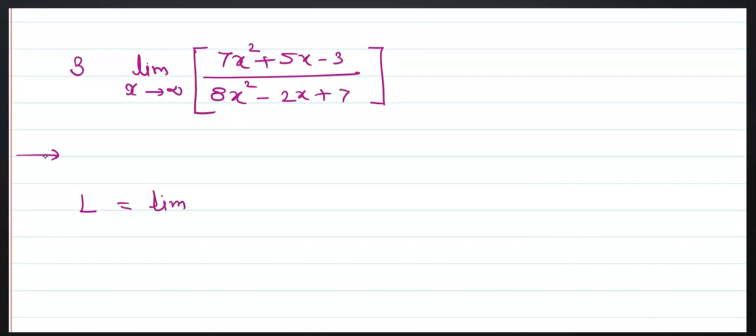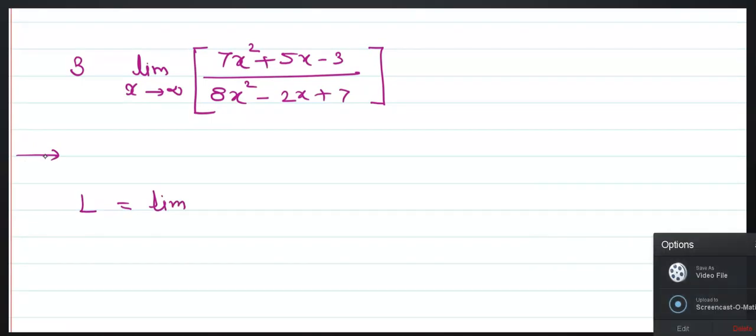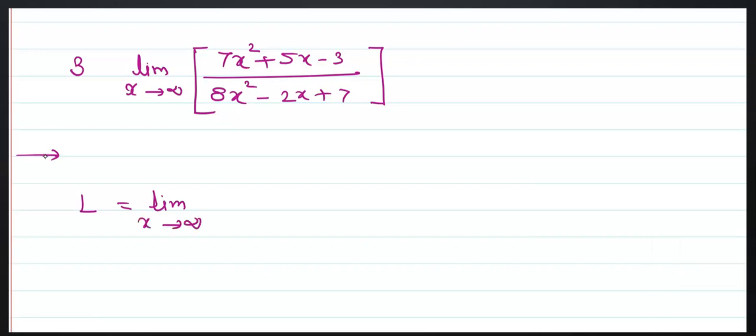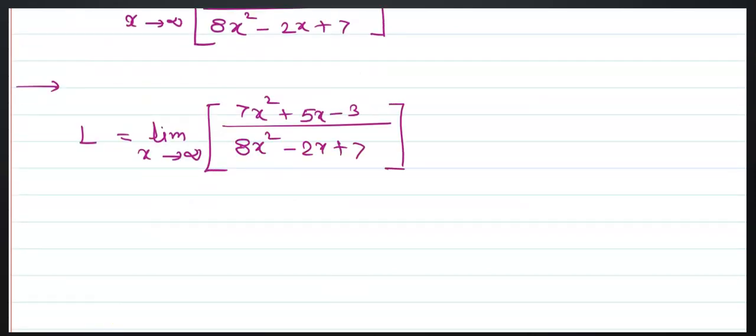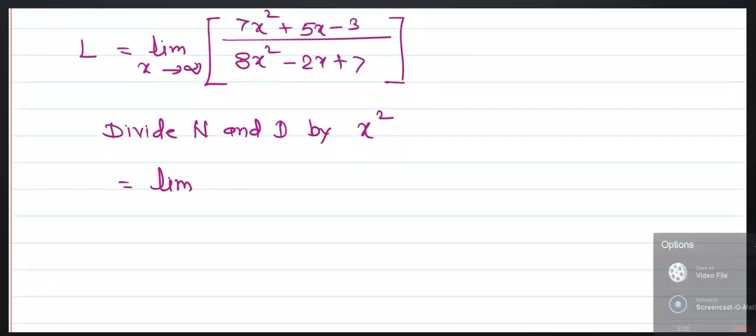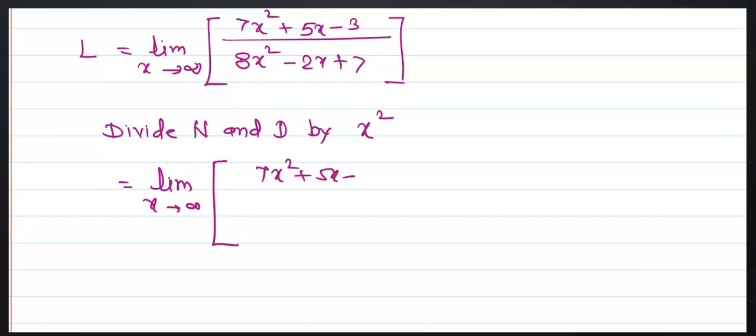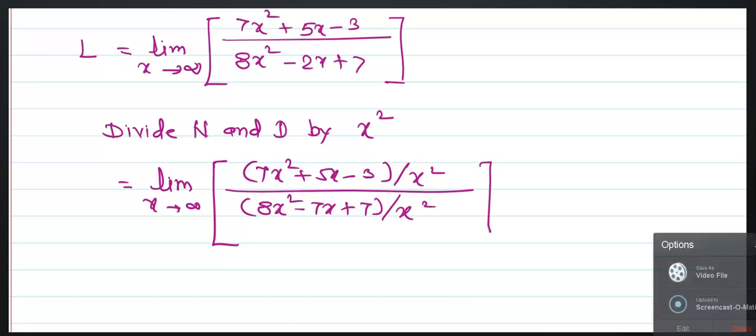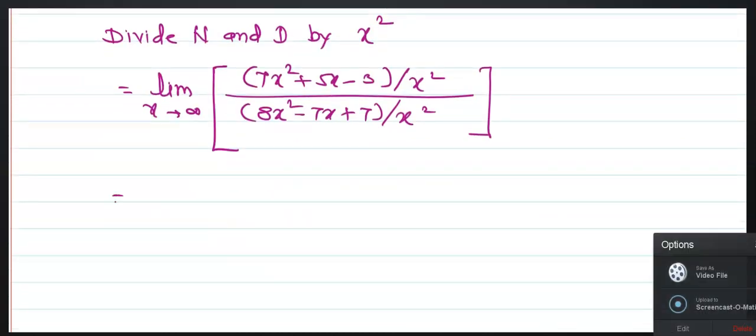Now again divide the numerator and the denominator by x square. Therefore, we divide n and d by x square, and it is written as, now split up this.